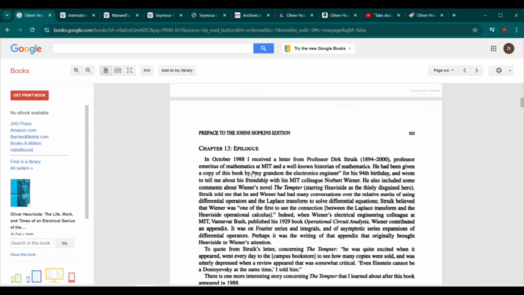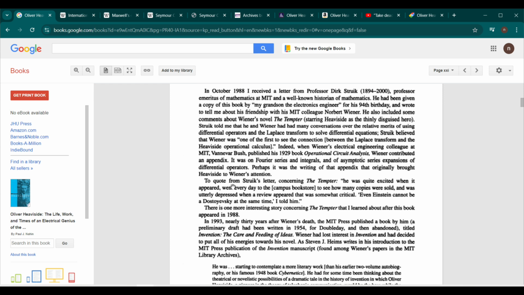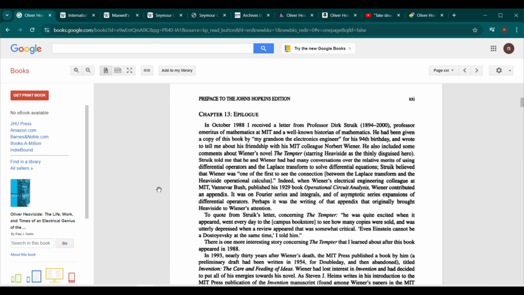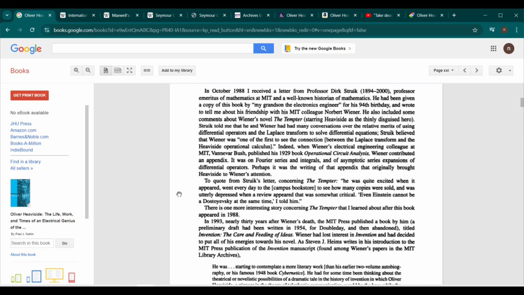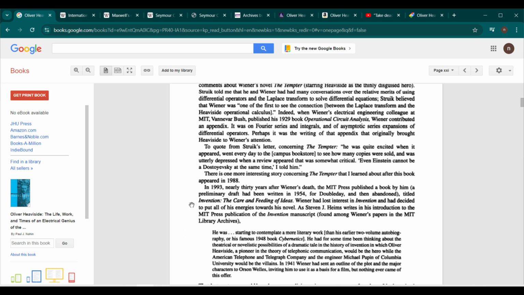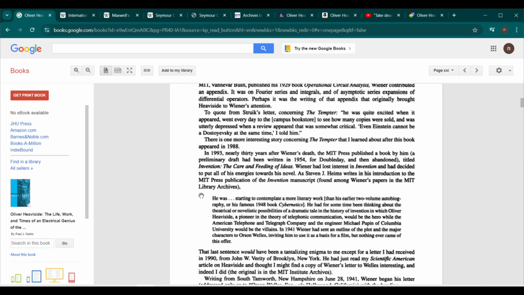So it goes on to go even into a Hollywood screenplay with Orson Welles. Apparently, Norbert Wiener also thought of Oliver Heaviside as some sort of heroic underdog in the whole scientific establishment, and Orson Welles didn't respond or just find it interesting enough to make a movie.